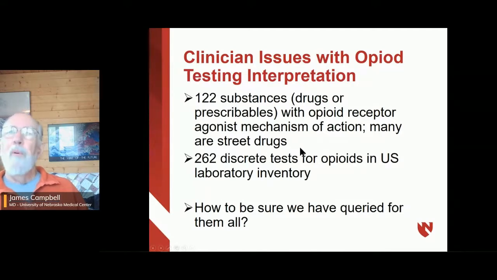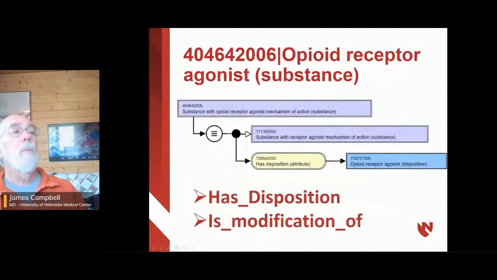So I think you can appreciate why our emergency physicians were asking for a report that basically summarized this data in a quick and easy form, because they were never sure whether they had actually identified all of the tests of significance.